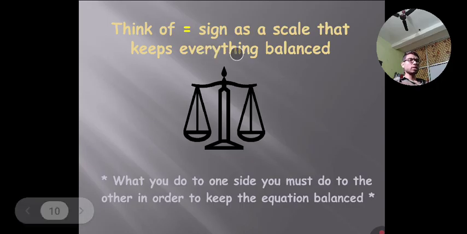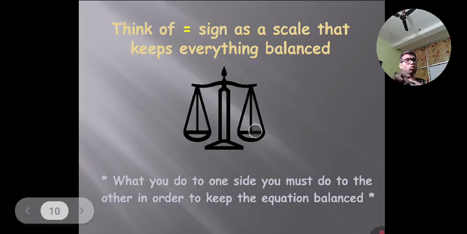Think of the equal sign as a scale that keeps everything balanced. Whatever you do to one side, you must do to the other in order to keep the equation balanced. If you keep one book here and one book there, with equal mass, it is balanced.